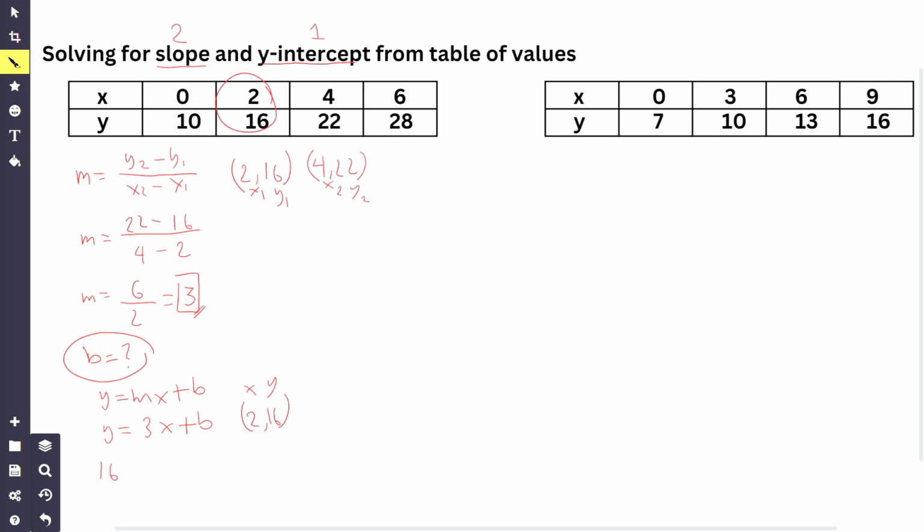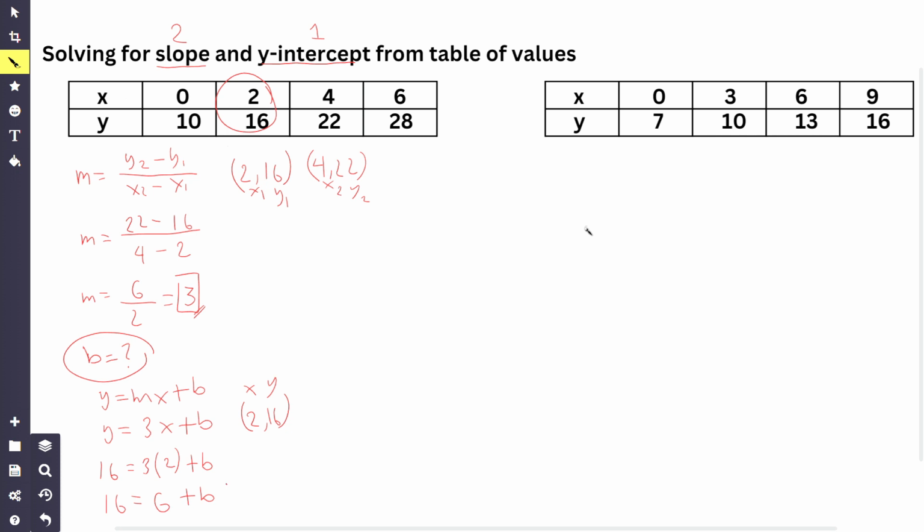This will become 16 equals 3 times the value of x, 2, plus b. I hope this is still clear with you. Now we will apply some concepts of arithmetic and algebra. So 16 equals, what's 3 times 2? 6 plus b.